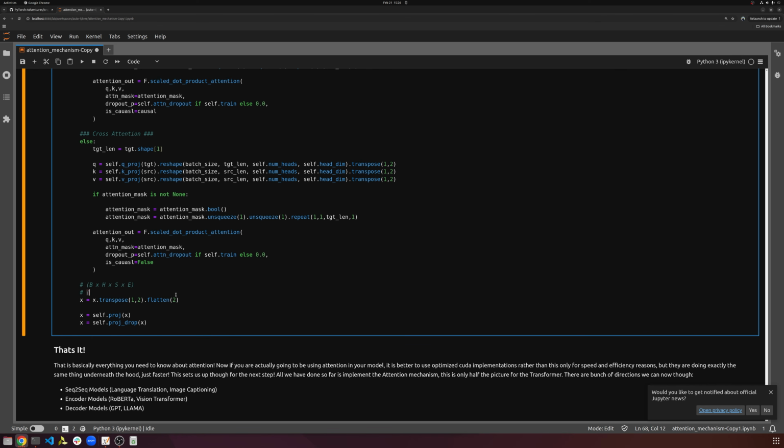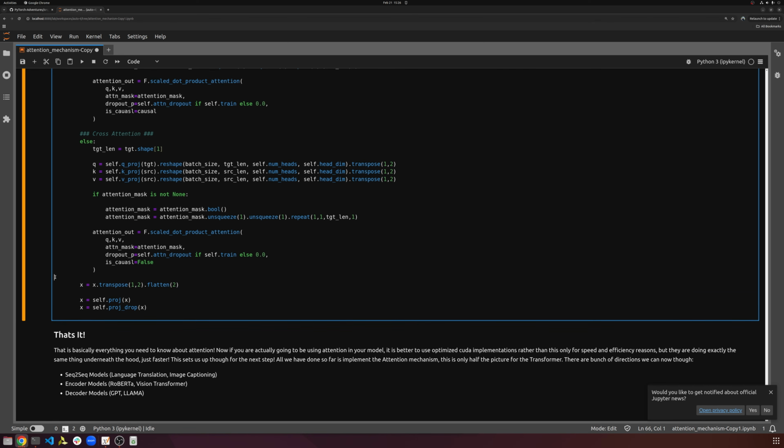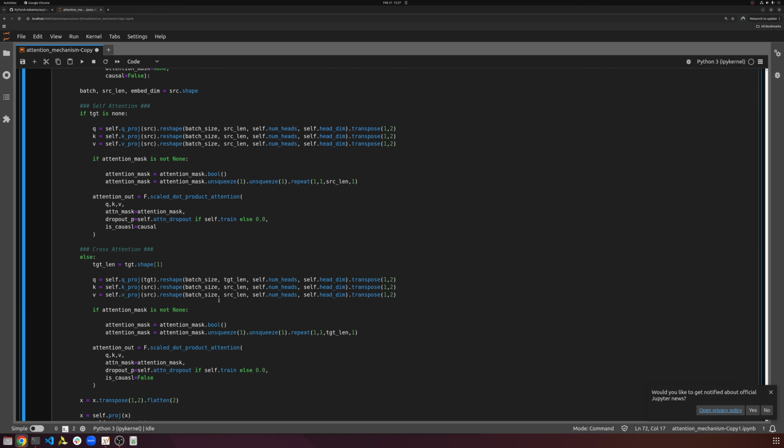So let's be clear. This will become batch by sequence by head by e, and then we want to flatten everything after the second dimension. So head and e should be combined, so that's 0, 1, and then 2. So flatten(2) says I want to flatten from 2 to the end. And that's it. It'll be the same for the cross attention as well. So return x. So there we go.